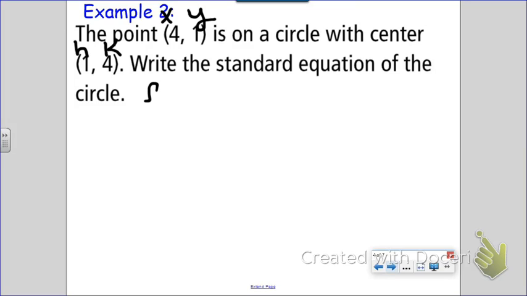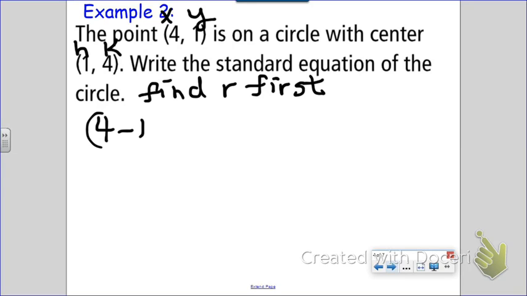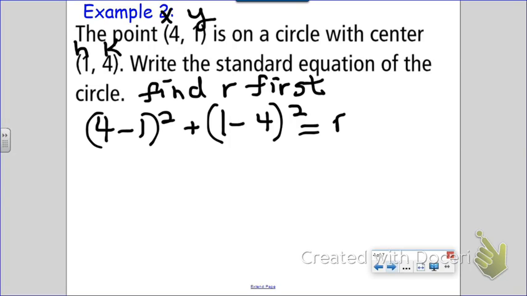We need to find r. (x - h)² + (y - k)² = r². (4 - 1)², 3 squared is 9. (1 - 4)², -3 squared is 9, equals r². 18 equals r².